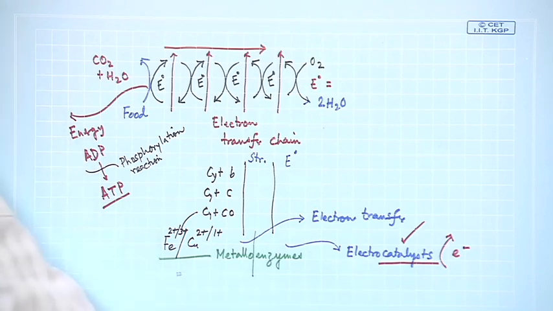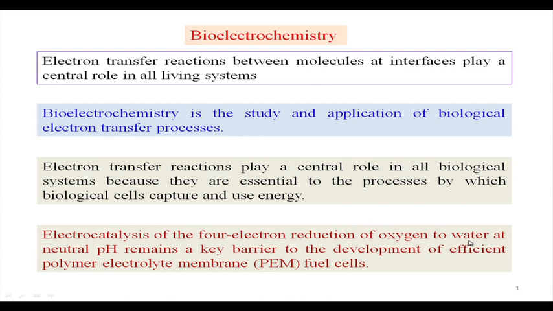One such example, again we are talking about the oxygen to water conversion, that means the 4 electron 4 proton reduction of O2 to 2H2O. We can see that electrocatalysis for the 4 electron reduction of oxygen to water at neutral pH remains a key barrier to the development of efficient polymer electrolyte membrane fuel cells.